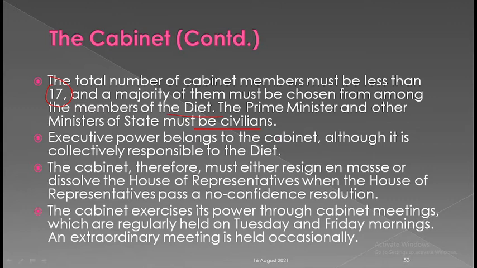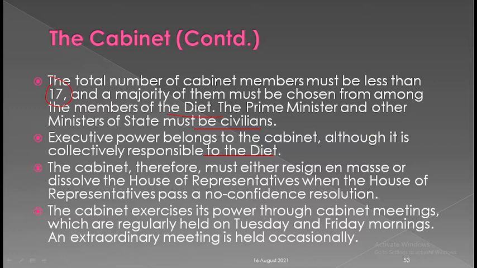Executive power belongs to the cabinet, although it is collectively responsible to the Diet. The cabinet must either resign en masse or dissolve the House of Representatives when the House of Representatives passes a no-confidence resolution.